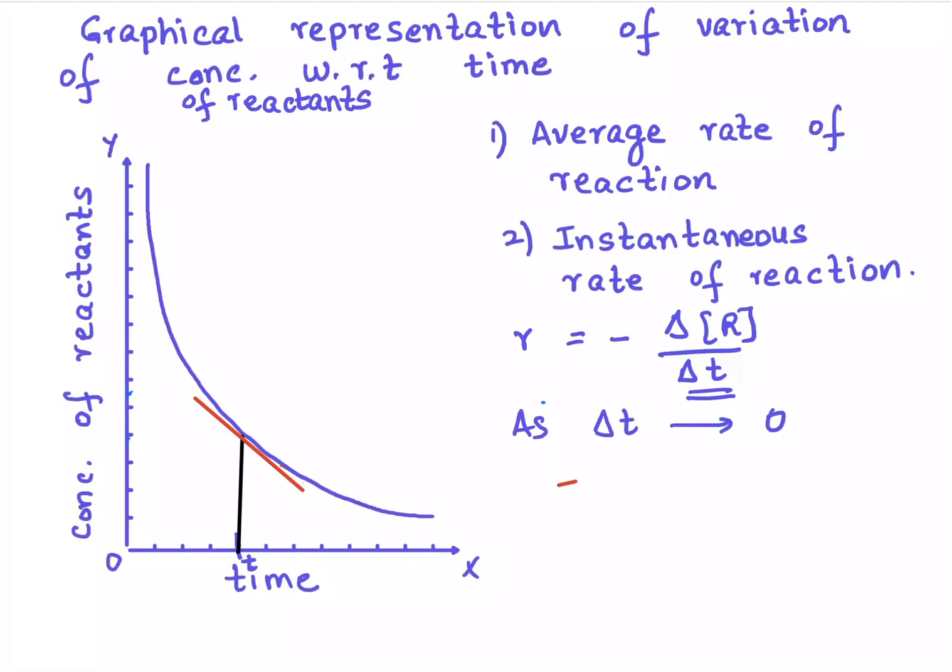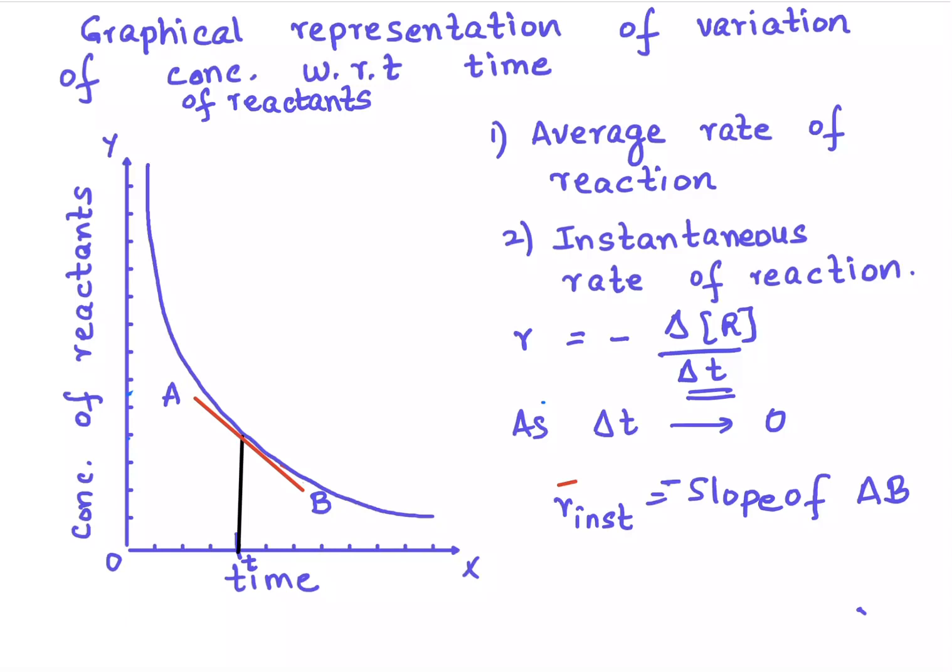Having drawn the tangent, we are going to take the slope. So here our instantaneous rate would be the slope of, let's say this is AB, slope of AB. And since we are talking about the reactant, again don't forget the negative sign.